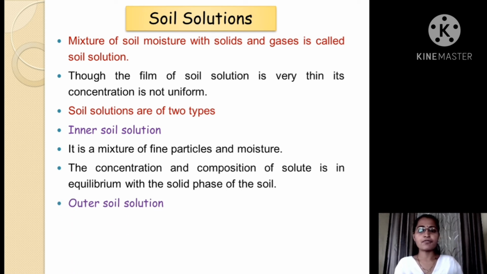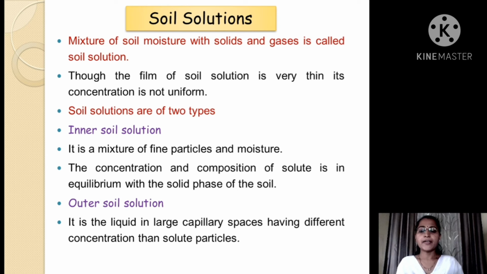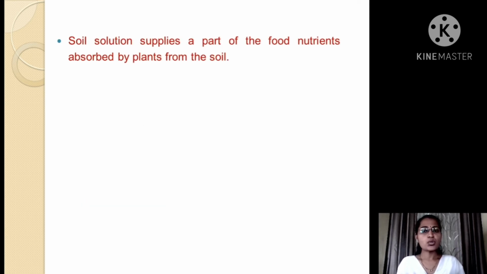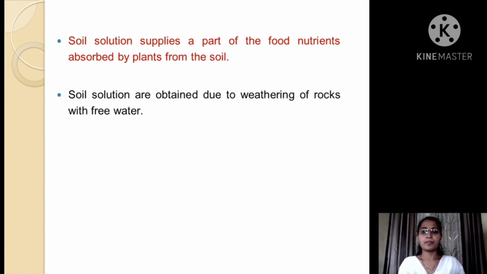The second type of soil solution is the outer soil solution. It is the liquid in large capillary spaces having a different concentration of solute particles. Soil solution supplies a part of the food nutrients absorbed by plants from the soil.